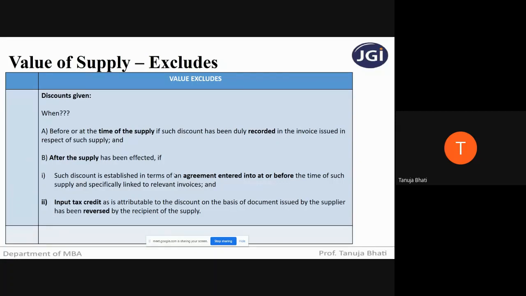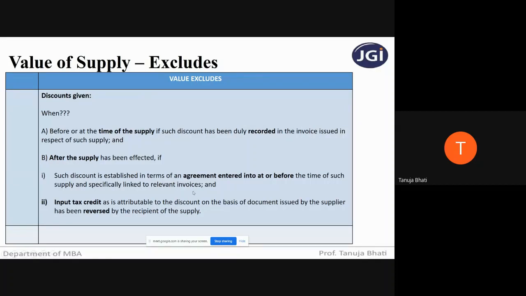So remember students, discount that is given after the supply has to be excluded only if such discount was decided or entered into agreement before or at the time of making such supply. And such discount should be linked to relevant invoices.